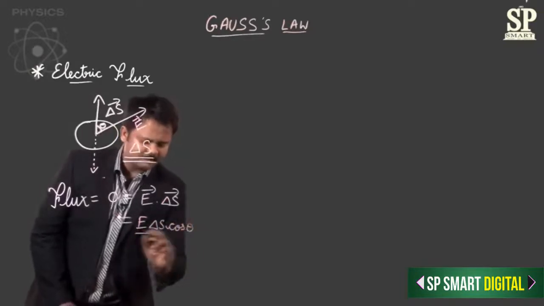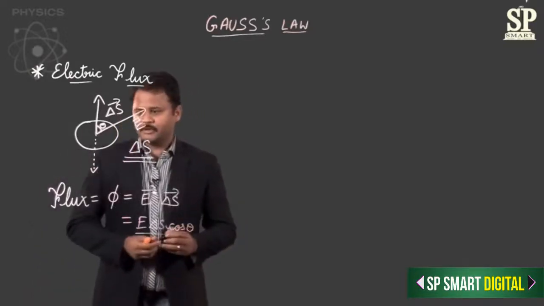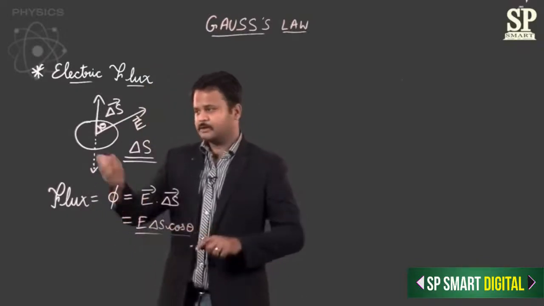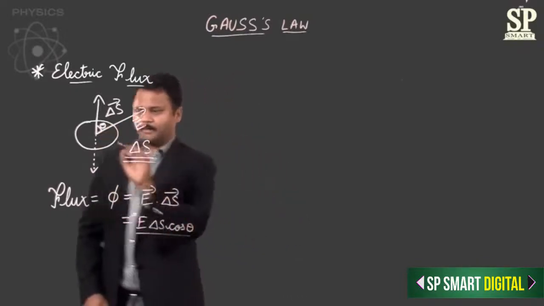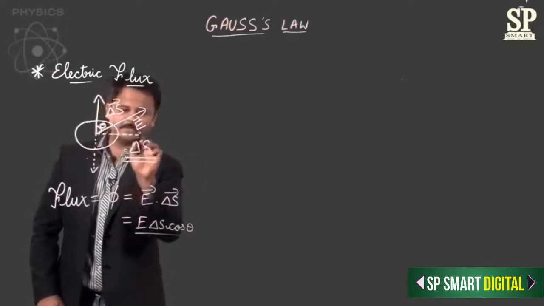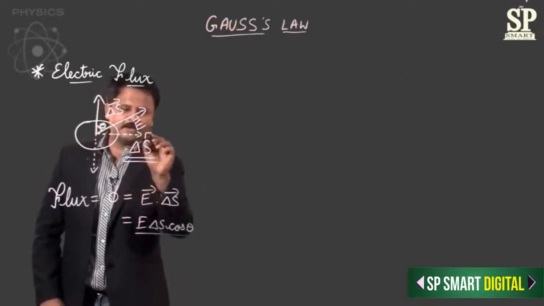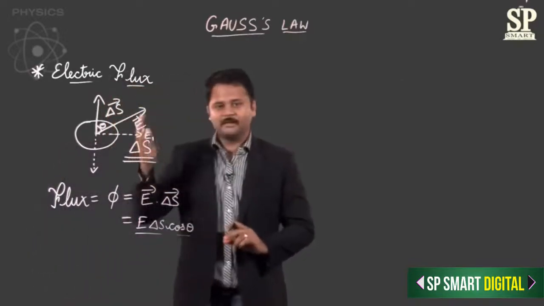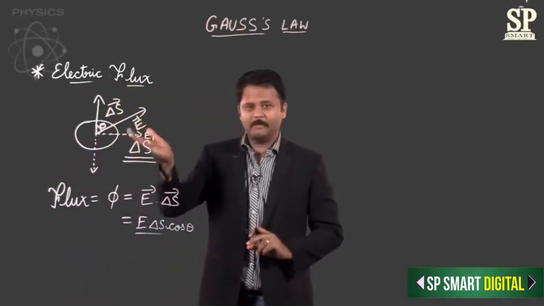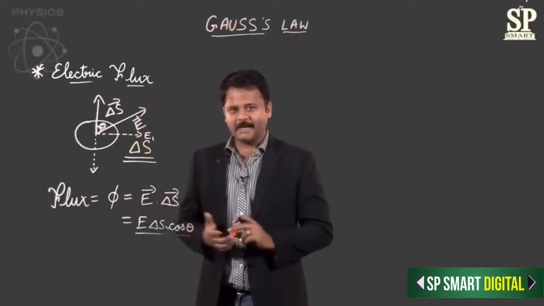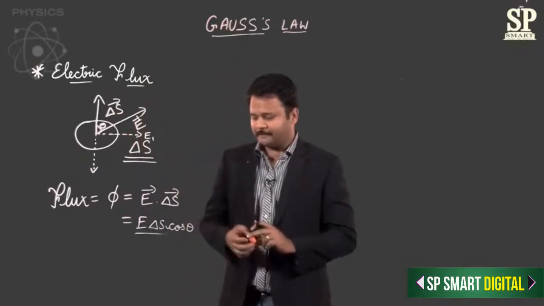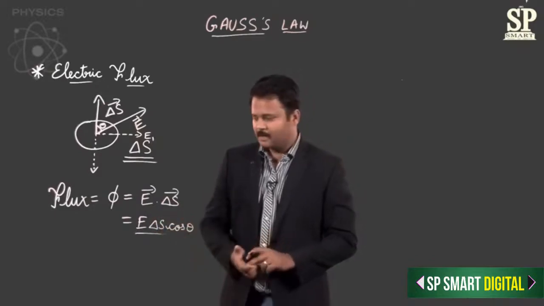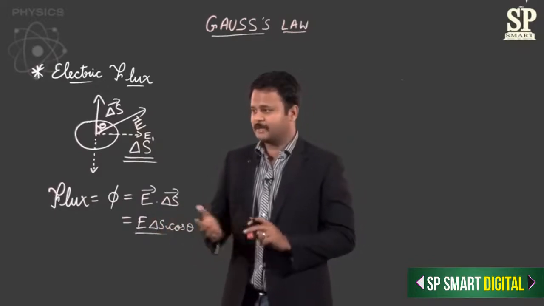So if we write this formula in this sense, let's observe what would have happened if the electric field was not making an angle of theta but was parallel to the surface. Had it been parallel, let's say it was E1, then the angle that this electric field makes with the area vector has become 90 degrees, and then if you plug in the values here, you will get E delta S cos 90, which would have become equal to 0.